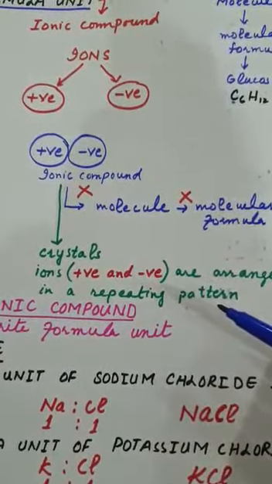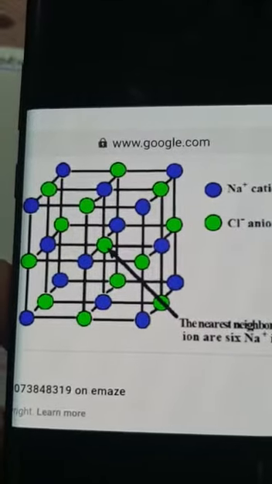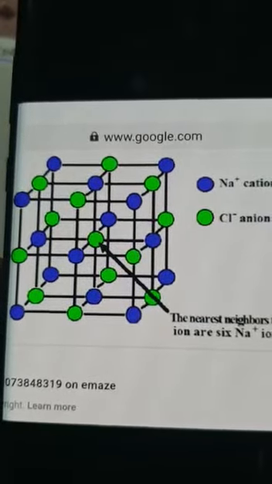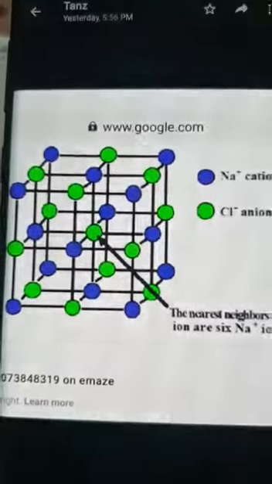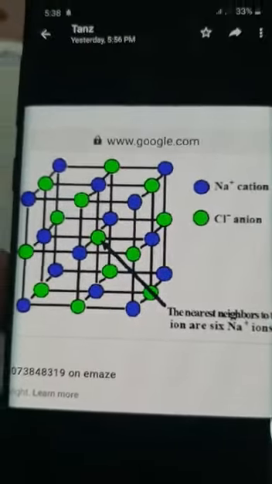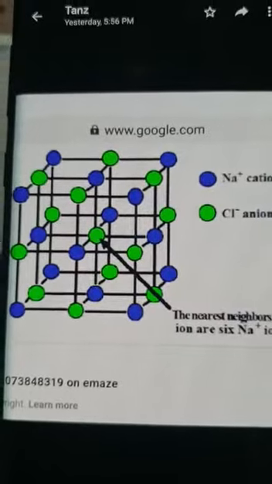When you examine the crystal in detail, the positive ions are represented with blue color, and the negative ions, that is chloride ions, are represented by green color. Within the crystal, the ions are arranged in a definite pattern and have a particular geometrical shape.